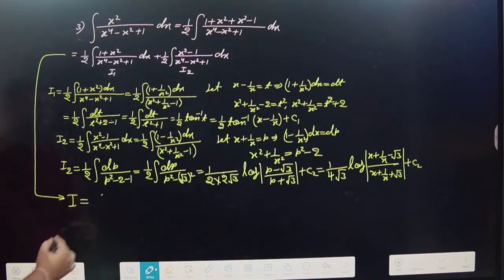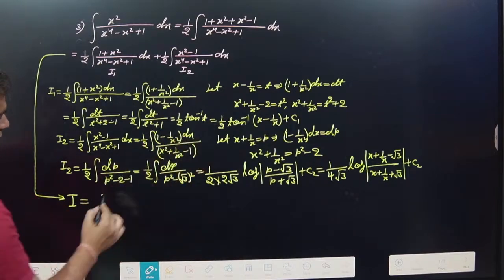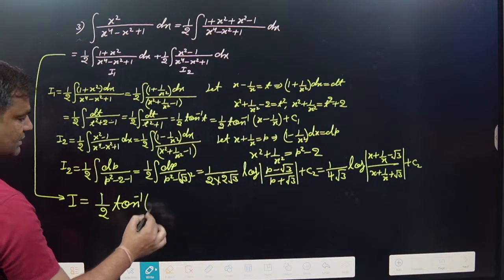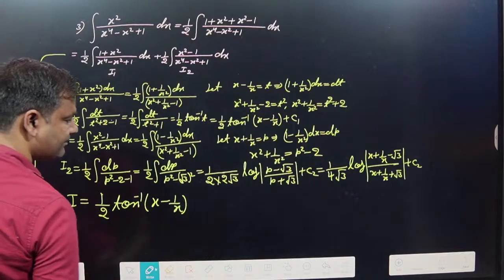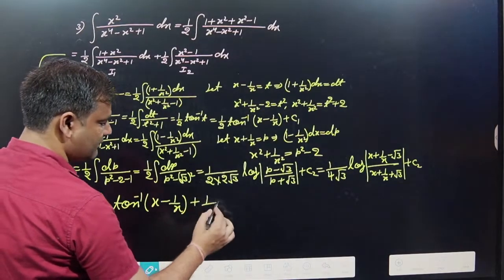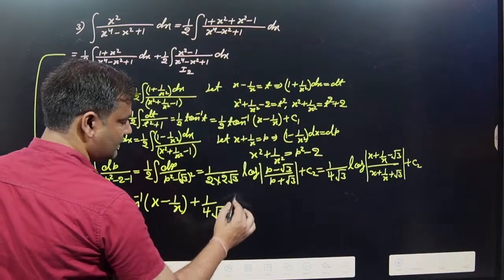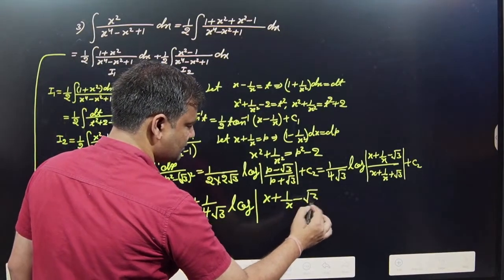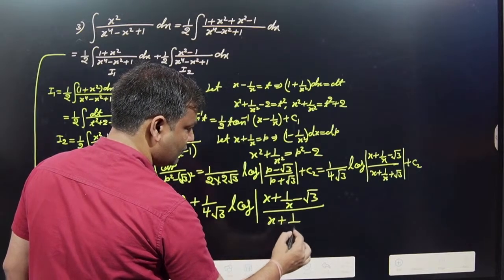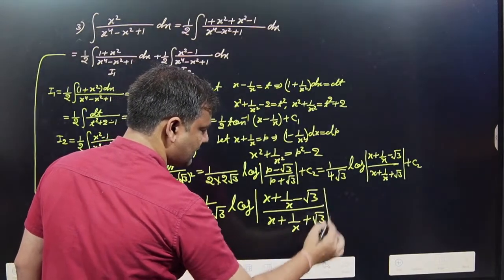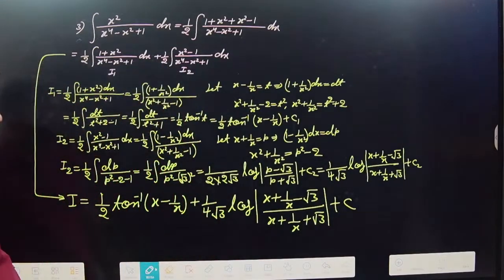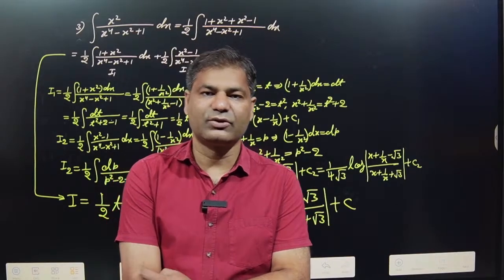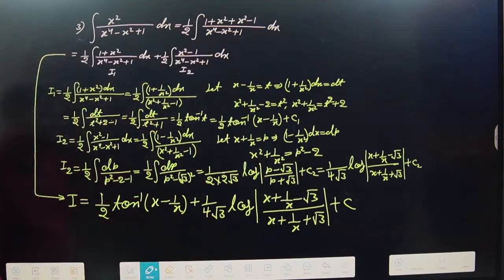So I1 we get half into tan inverse of x minus 1 upon x, plus 1 by 4 into root 3 into log of x plus 1 upon x minus root 3 divided by x plus 1 upon x plus root 3, plus c1. c1 plus c2 is replaced by another constant c. So that's why it is written like that. I hope it is clear.